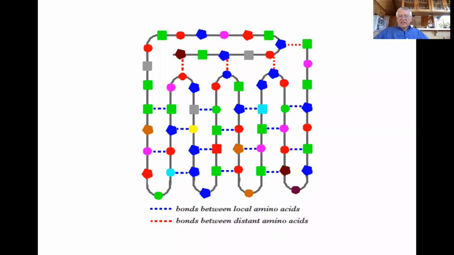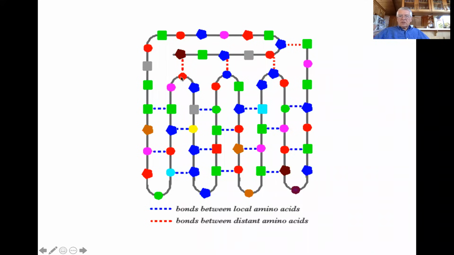In other cases, they might not be charged or compatible at all, and they might actually repel one another. And it may be that an amino acid at the end of the chain ends up binding most tightly to something that's way back in the middle of the chain.